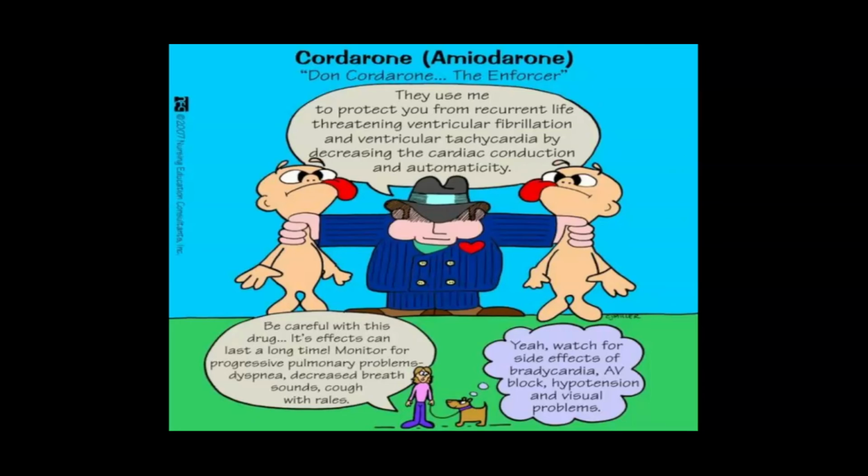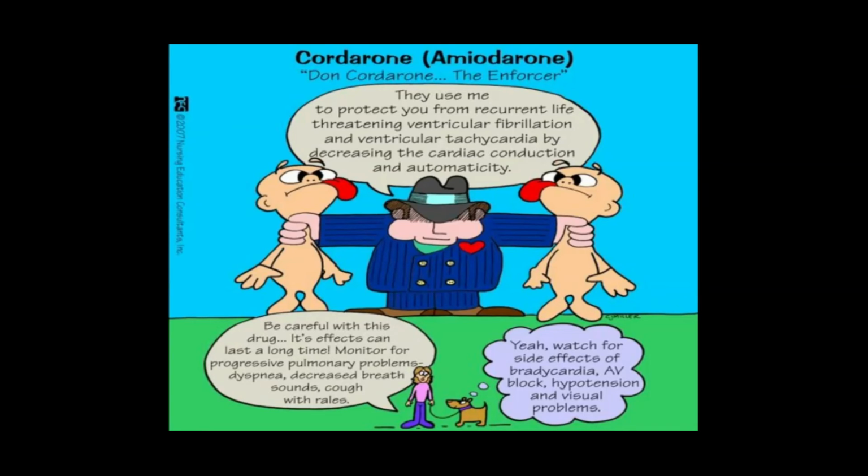Don Corderone, the enforcer. They use me to protect you from recurrent life-threatening ventricular fibrillation and ventricular tachycardia by decreasing the cardiac conduction and automaticity. All right, so that means that it helps the ventricles contract correctly.